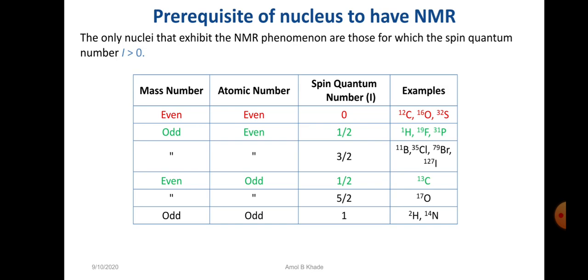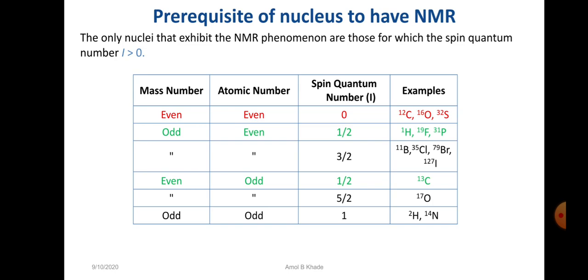Only those nuclei will exhibit the NMR phenomenon which have a spin quantum number greater than 0. If any nucleus has spin quantum number 0, it is NMR inactive. We are not able to record the NMR spectra for such nuclei.